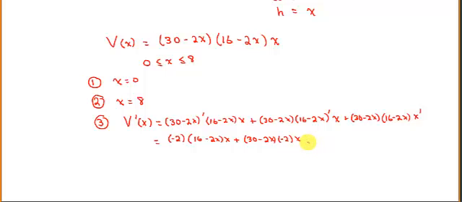And then in back here, we'll have plus 30 minus 2x times 16 minus 2x times the derivative of x is 1.